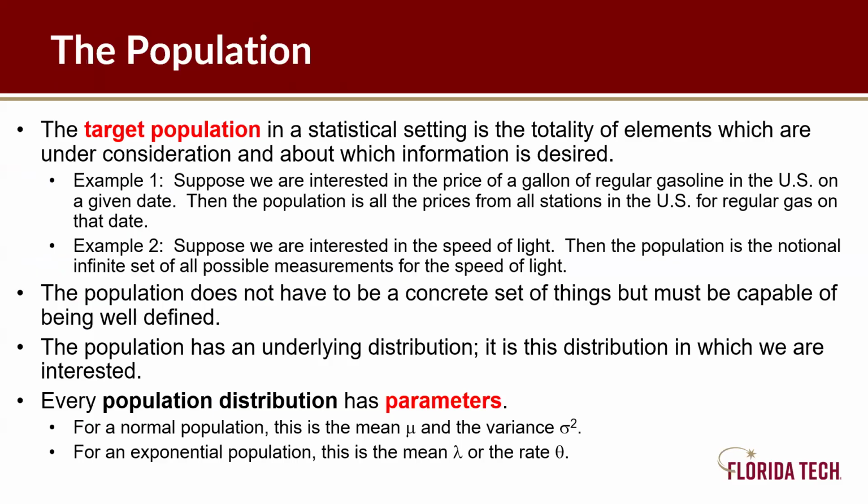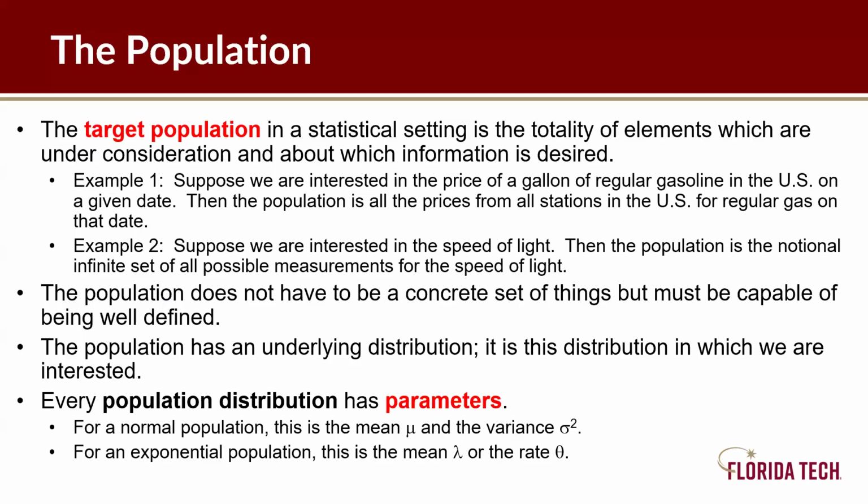An example could be if we're interested in the price of a gallon of regular gasoline in the US on a given date, the population would be all prices from all stations in the US for regular gas on that date. Or example two, we're interested in the speed of light, then the population would be the notional infinite set of all possible measurements for the speed of light.